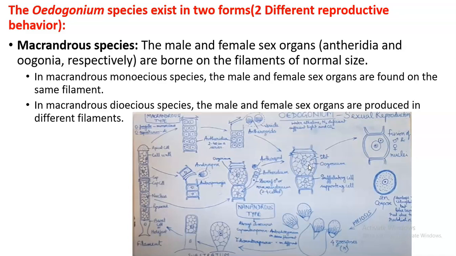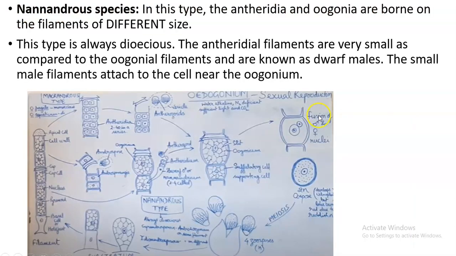So this is the case of Macrandrous species, but in Nannandrous you can see always dioecious behavior, because we will see how the dioecy operates in Nannandrous species. It is like this, if I am briefly stating, this is the algal filament or Oedogonium filament.